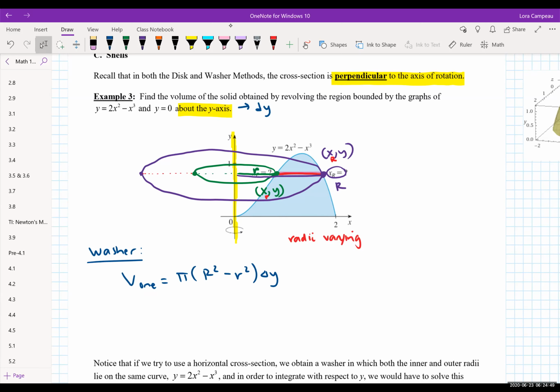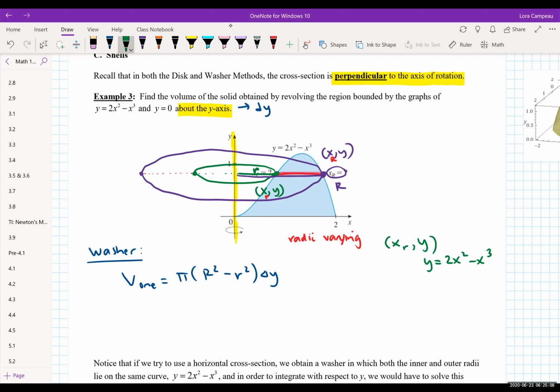So let me see if I can color code this with you. Again, your x sub r of y is going to be associated with the curve. Your y value should be 2x squared minus x cubed.